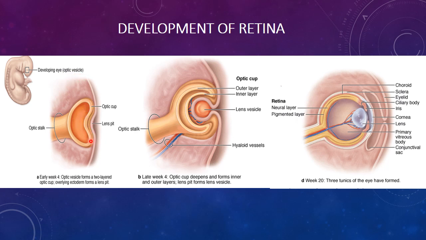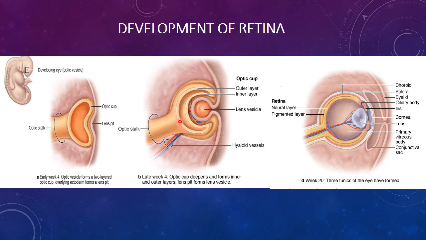This optic vesicle soon transforms into a double-walled optic cup, as you can see here, which has an outer layer and an inner layer. Here you can see that it is attached to the brain tissue through the optic stalk, and this optic stalk later in development becomes the optic nerve.